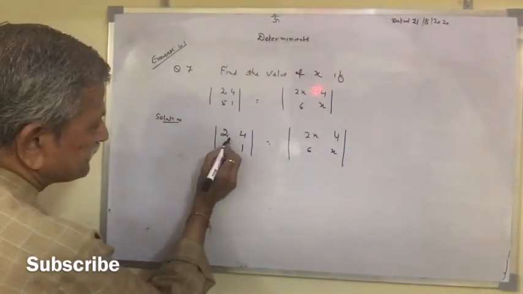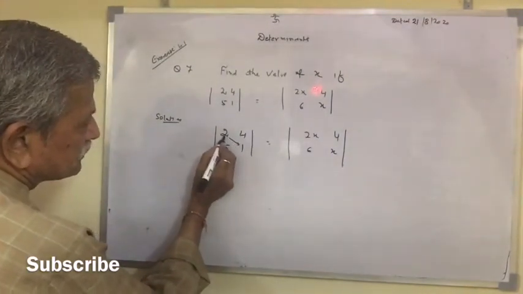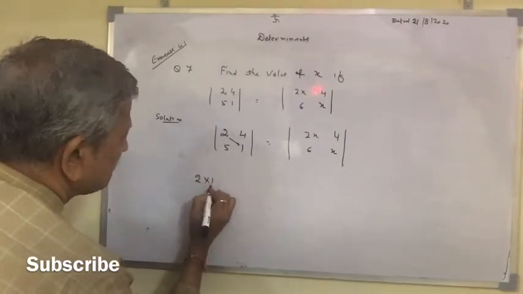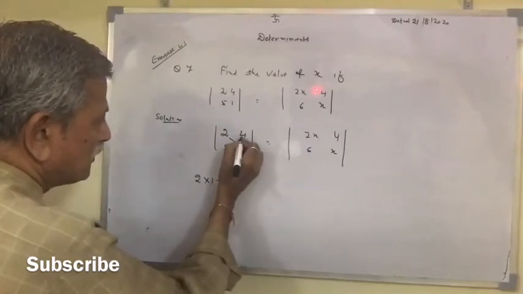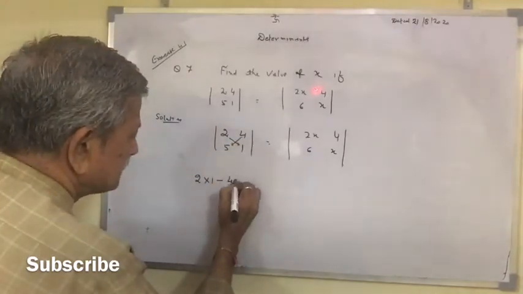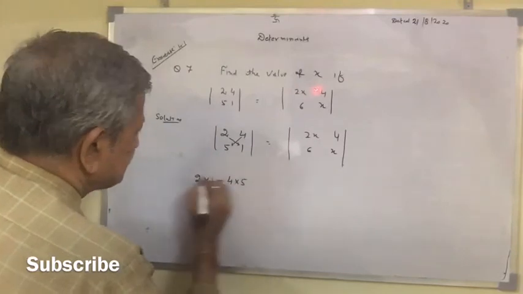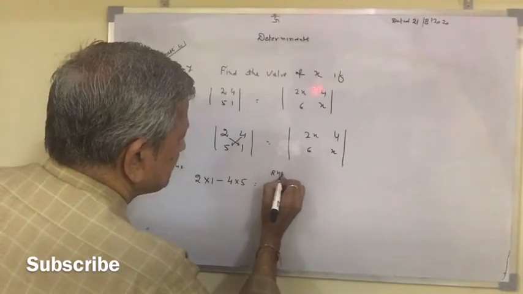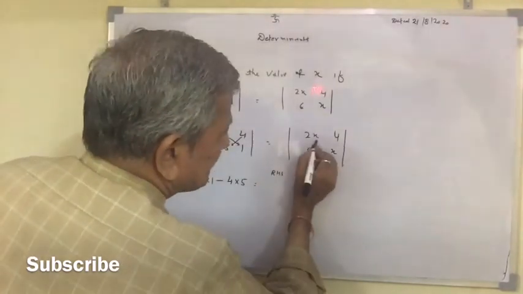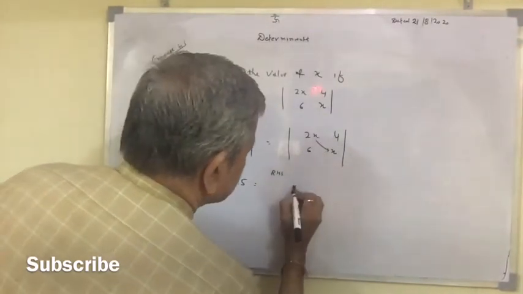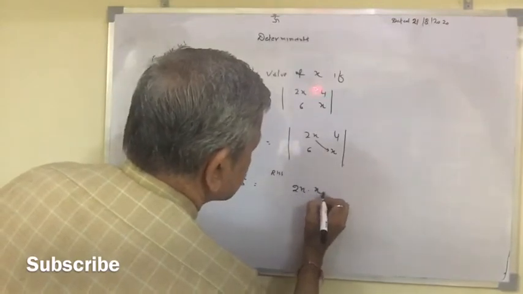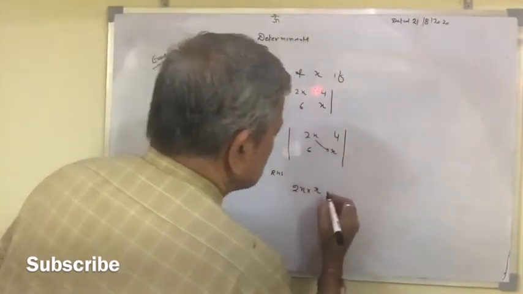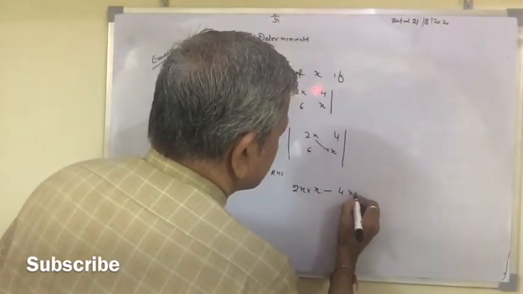According to the rule of determinants, we go first 2 multiplied by 1 minus 4 multiplied by 5. This is your left hand side, and your right hand side will be 2x into x minus 4 into 6.